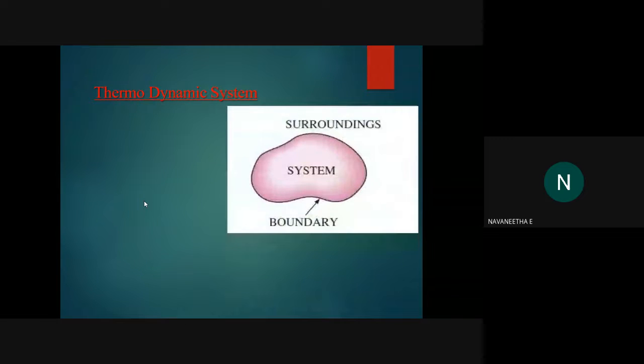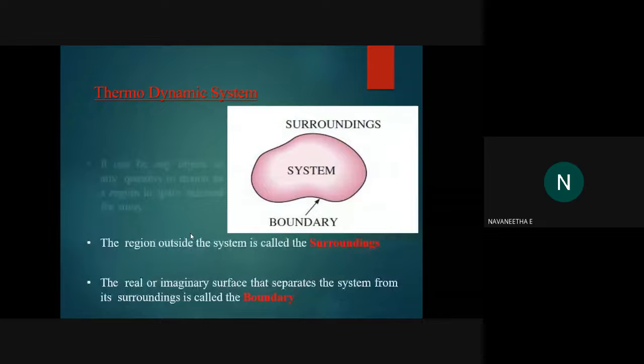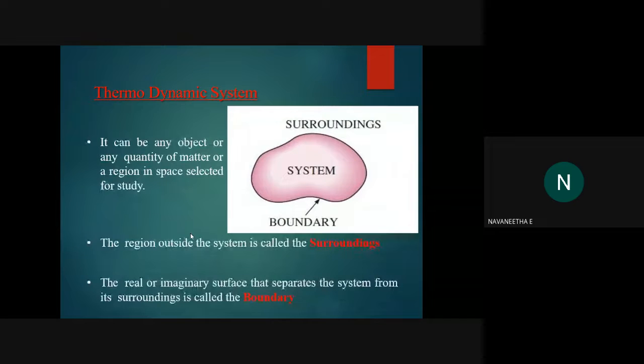This is the figure: system, surroundings, and boundary. A system can be an object, a quantity of matter, or a region in space selected to study the thermodynamic property.